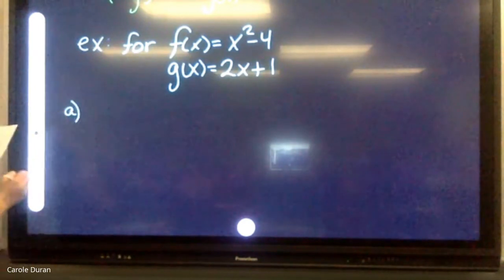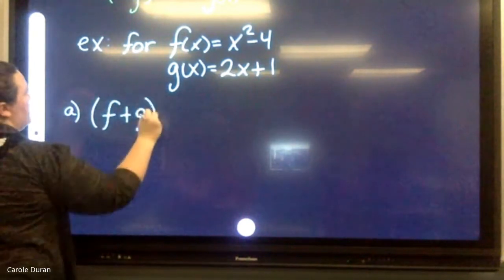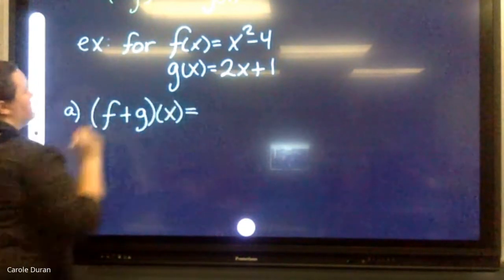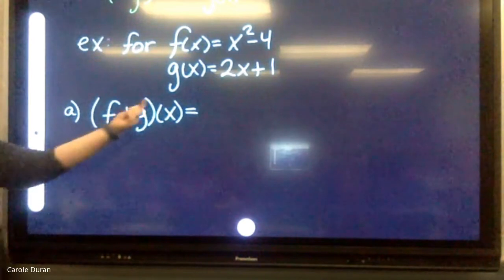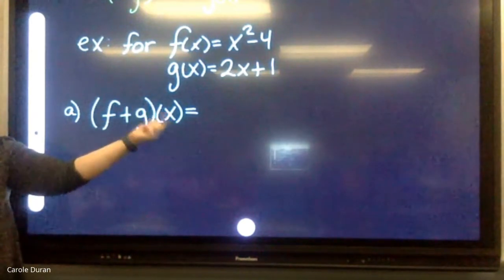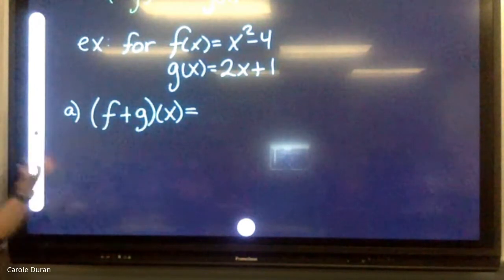First example A, we're going to go ahead and do f plus g of x. So the f plus g tells me what operation we're doing. The x here says that we're leaving x's in our answer. If there was a number here, I'd show you what we would do with it, but we aren't there yet.